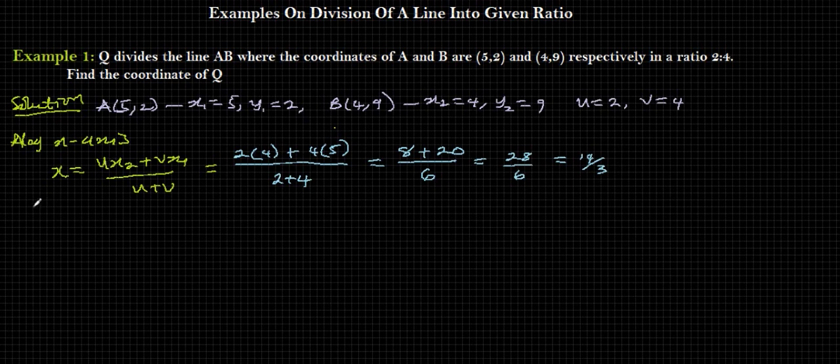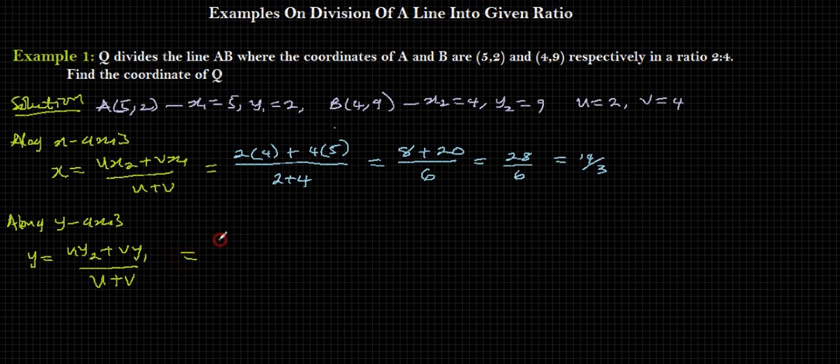So let's look at the y-axis now. Along the y-axis, we have y equal to (uy2 plus vy1) divided by (u plus v), and of course we are going to follow the same procedure.